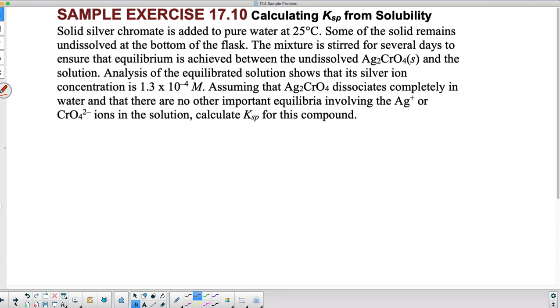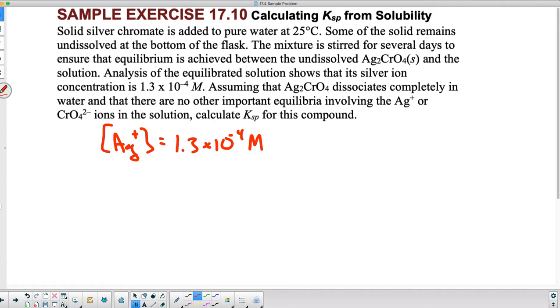This one says calculate KSP from solubility. Solid silver chromate is added to pure water at 25 degrees, the solid remains in the bottom, and so on. Analysis of the equilibrated solution shows that the silver ion concentration is equal to 1.3 times 10 to the negative 4th molarity.